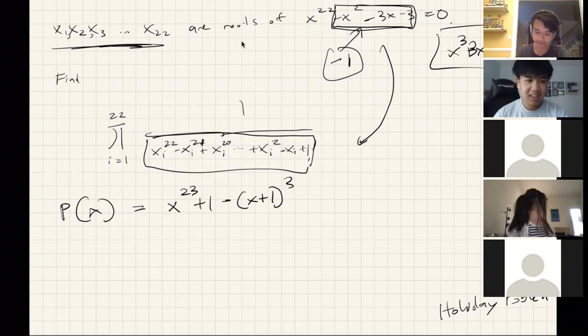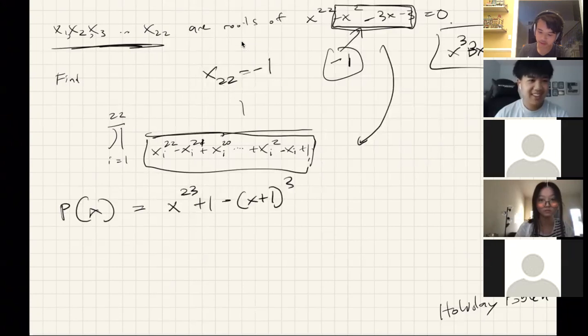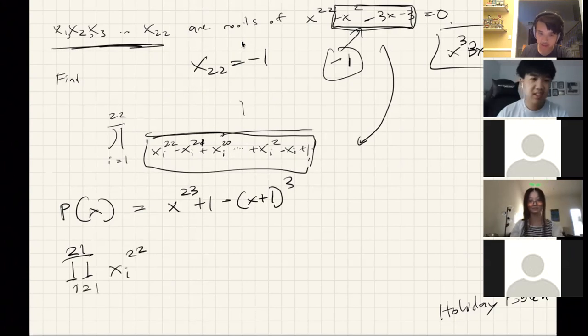So we let x22 equal -1. So wait, never mind. So x22 equals -1, and we compute this, because that's just the reciprocal of whatever we're looking for.